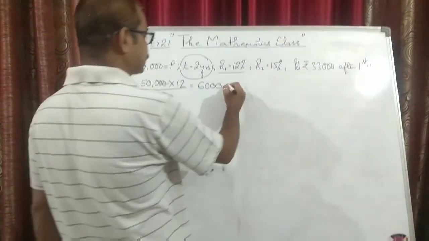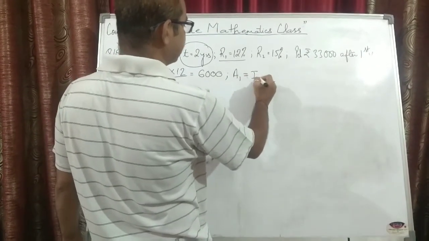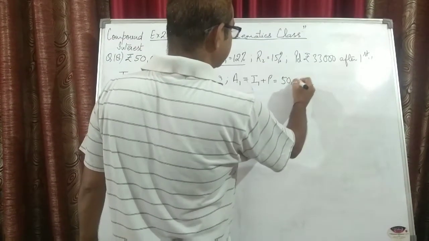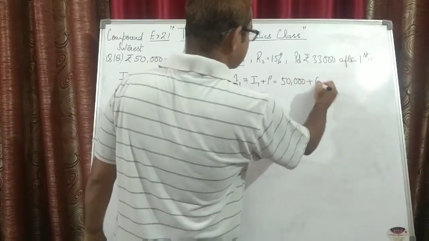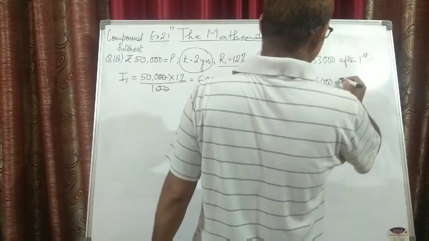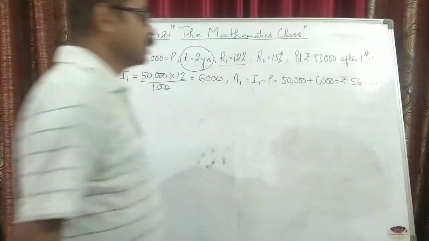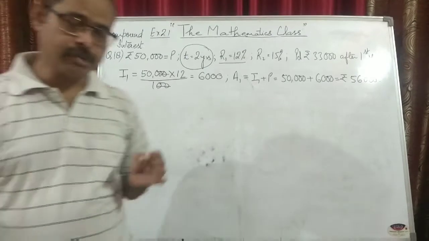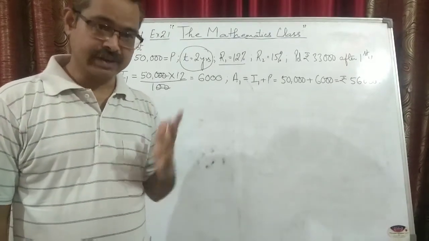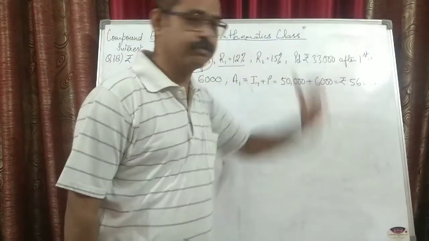So we will calculate the amount at the end of first year. That becomes interest plus principal, that is 50,000 plus 6,000, that equals rupees 56,000. Now this is the total amount that has to be paid at the end of 1 year. But here she is paying rupees 33,000 after first year.